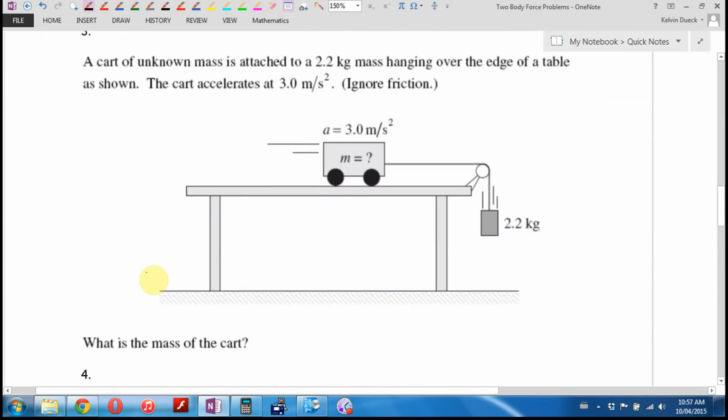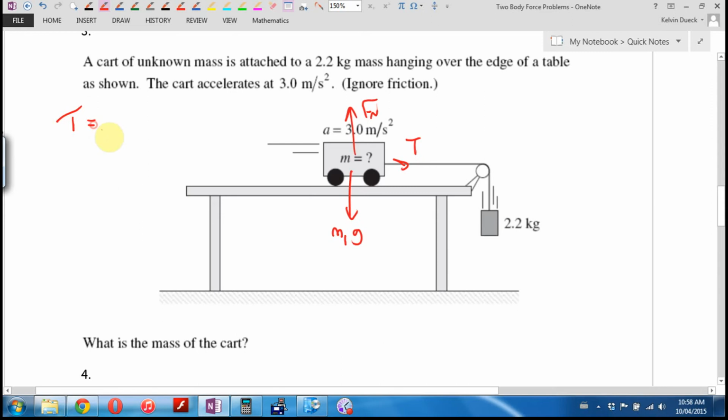Number 3 is going to be the same idea. So I'm going to say to myself, tension, no friction because of the wheels this time. Who's winning?